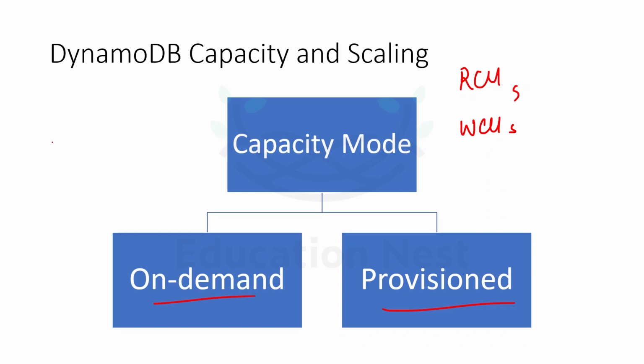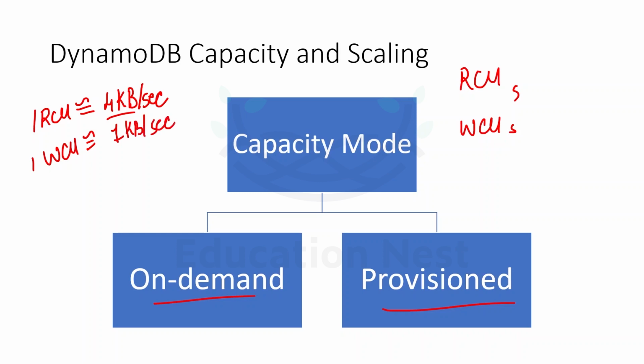If I talk in figures or numbers, then one RCU would be equivalent to 4 KB of read per second. So you can read 4 KB of data per second if you have provisioned your table with 1 RCU. The next is WCU. If I have 1 WCU, then it means that I can write 1 KB of data per second.